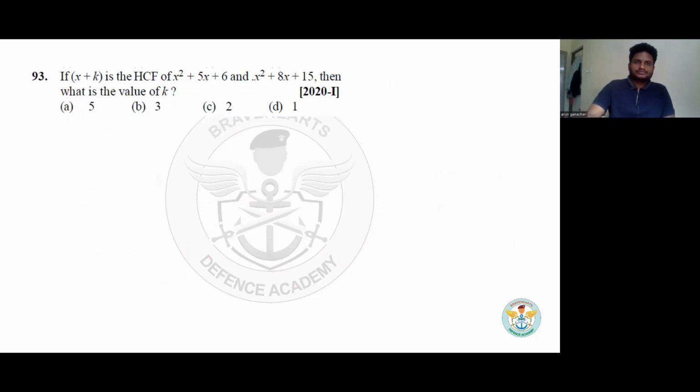Solve this one. This came in the last year question paper also, almost a similar question.